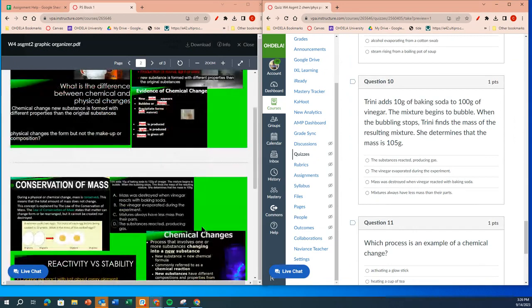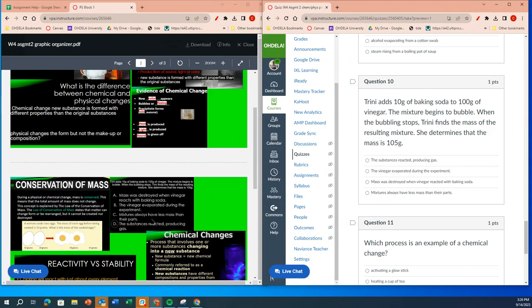All right, so Trini adds 10 grams of baking soda to 100 grams of vinegar. The mixture begins to bubble. When the bubbling stops, Trini finds the mass of the resulting mixture. She determines that the mass is 105 grams.